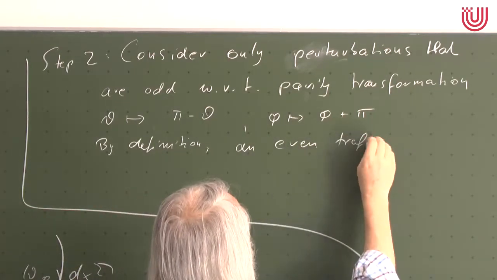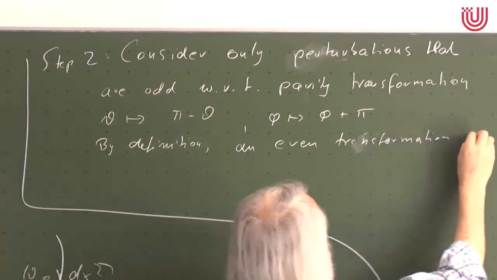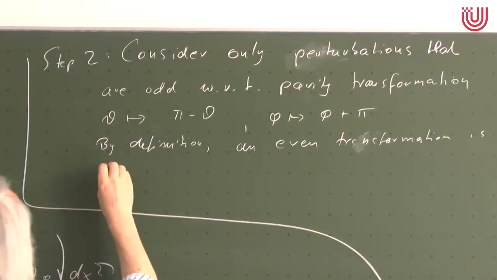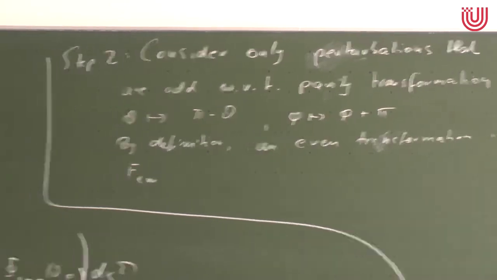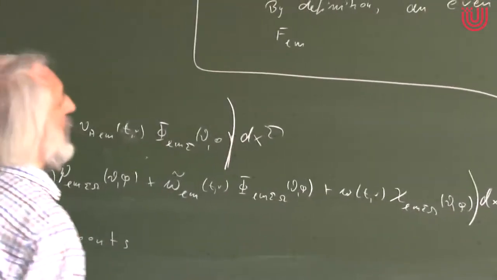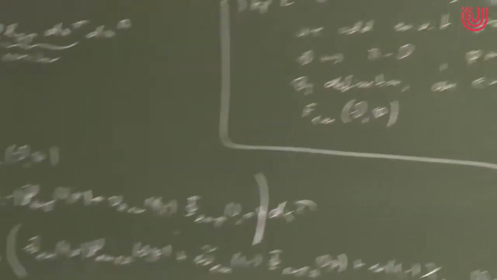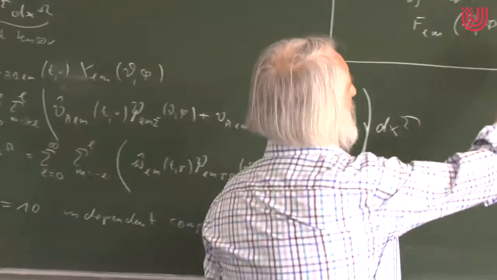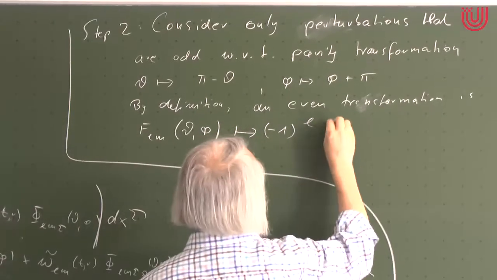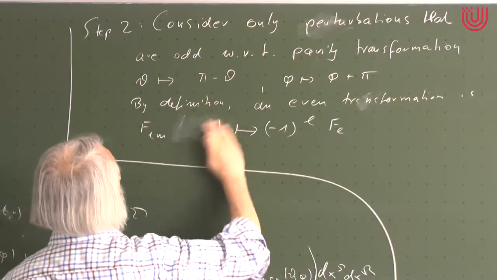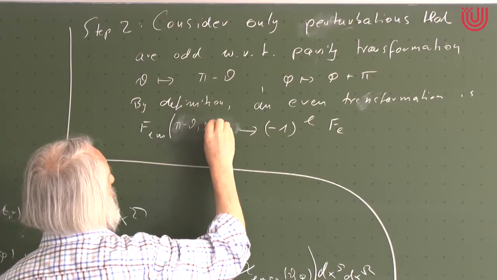An even transformation behavior is the following: if I have a function, it will usually depend on these indices L, M. You see all these basis vectors depend on the indices L, M. And of course, they are functions on the sphere. This means on theta and phi. So if we have that this goes into minus 1 to the power of L, sorry, the transformed thing of course, so this means pi minus theta, phi plus pi.